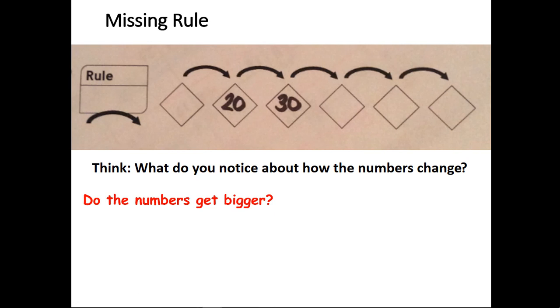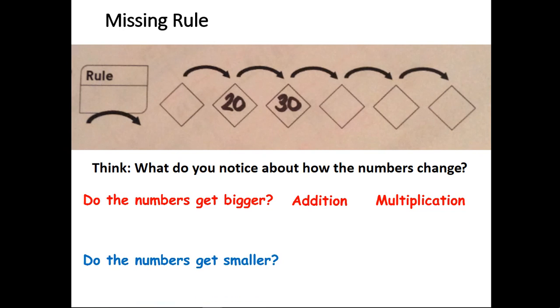A lot of times, if you see that the numbers get bigger, the rule could be addition, or it could also be multiplication. If the numbers get smaller, a lot of times you have to think about subtraction and division. So in our case, I see that our numbers go from 20 to 30, so that tells us that our numbers are getting bigger, which means I need to think about addition and multiplication.